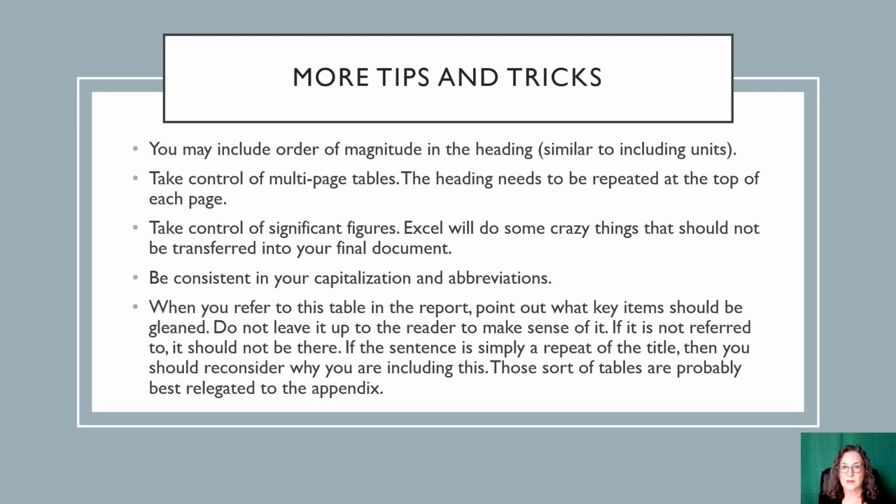So, this is a list of the numbers that were used for this calculation, or so that they can see the order of magnitude change from point 1 to point 2. Why did you include this as a table? If the sentence only repeats the title, then you might want to reconsider why you put that in the report.